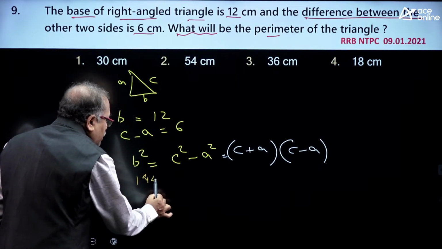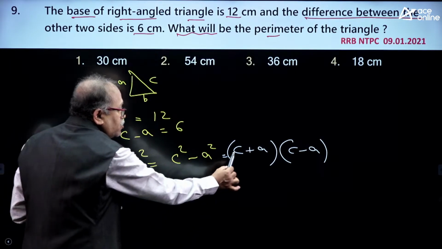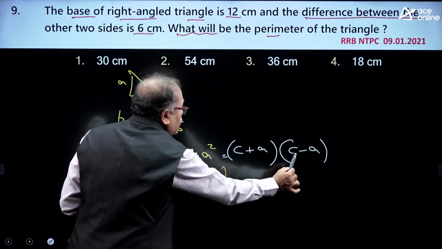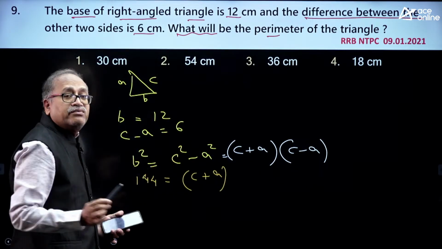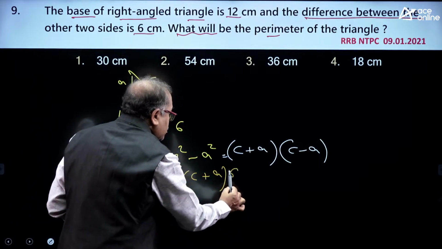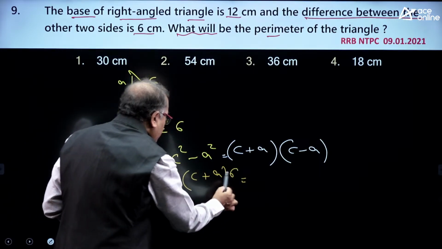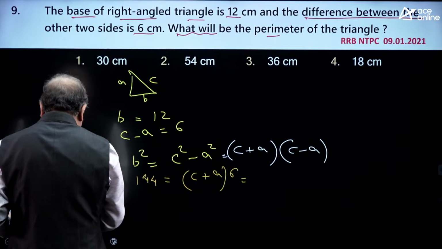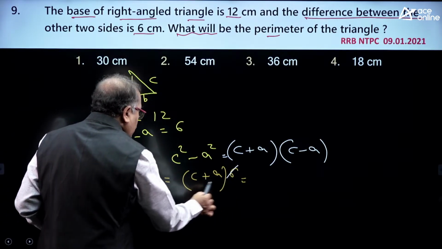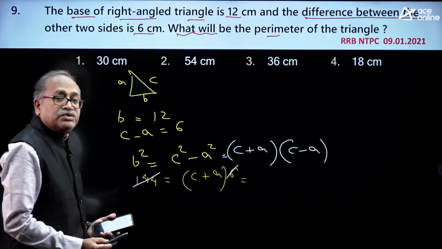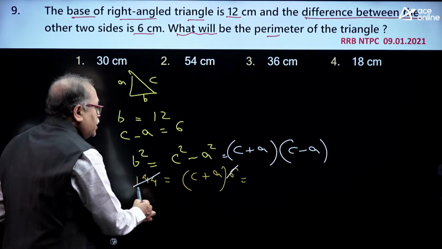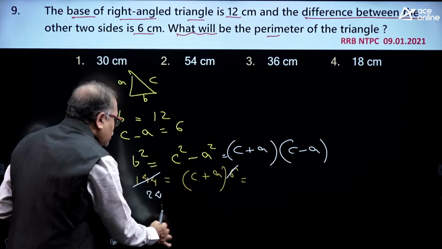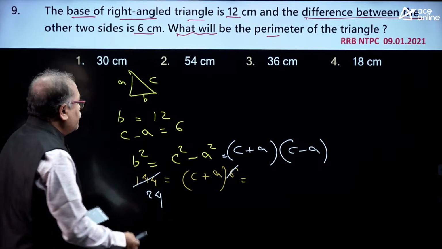Then this is 12 square, 144, which is equal to C plus A, and here the value of C minus A, which we have given in the question, is 6. So you get a cancel over here. How many times are you going to get cancel over here? 24 times. Okay. So once you cancel this one as 24 times, C plus A is 24.